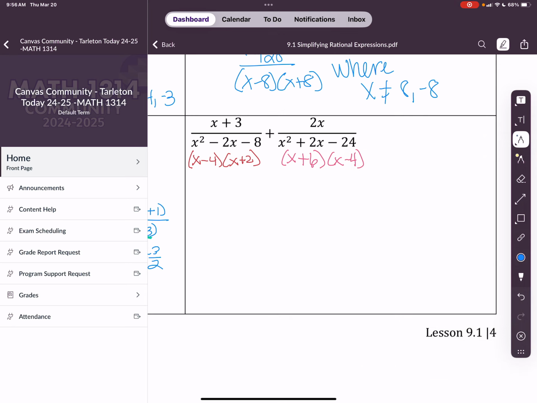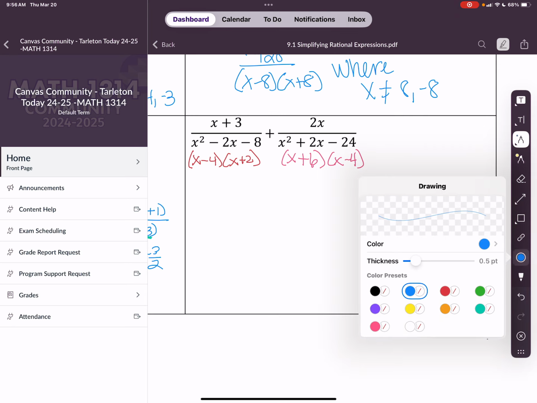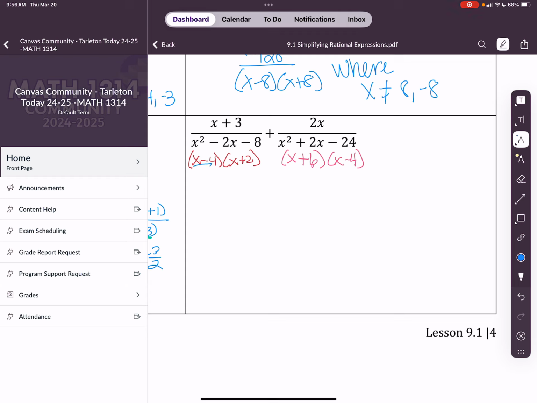So now we can see, I'll just use the blue, a minus 4 and a minus 4, so they both have minus 4s. So I'm going to make my LCD be x plus 2, because that's one of the factors I have, x minus 4, because they both have it, and then x plus 6, because that's one of the factors of the denominator on the second fraction.